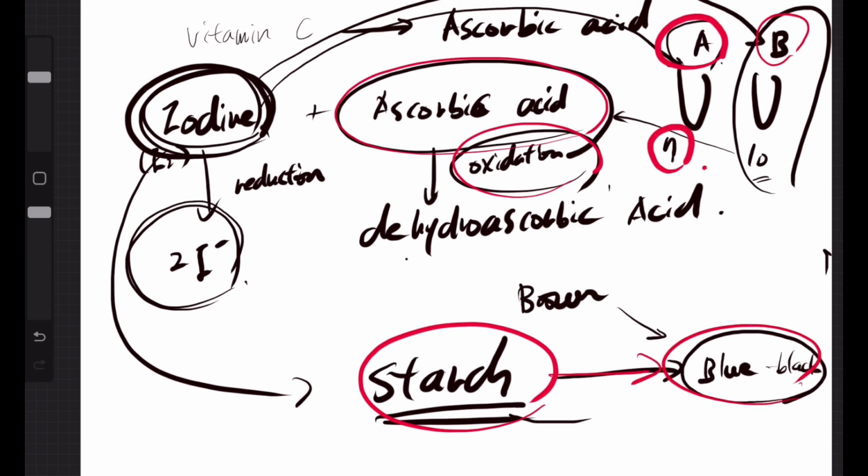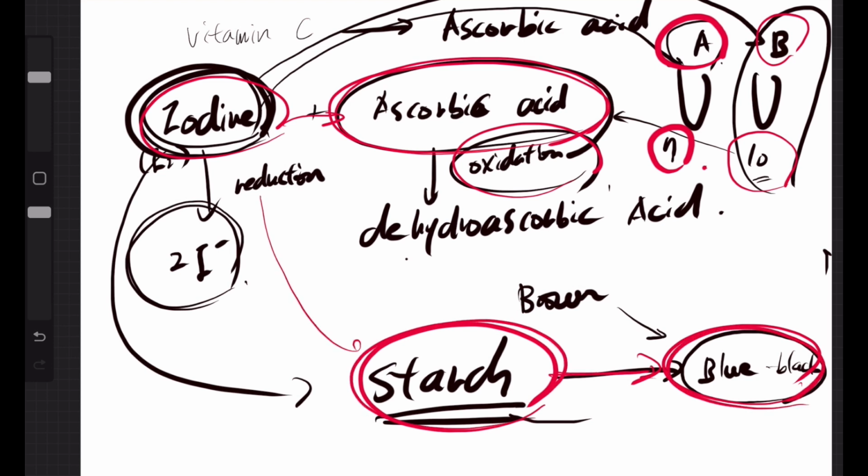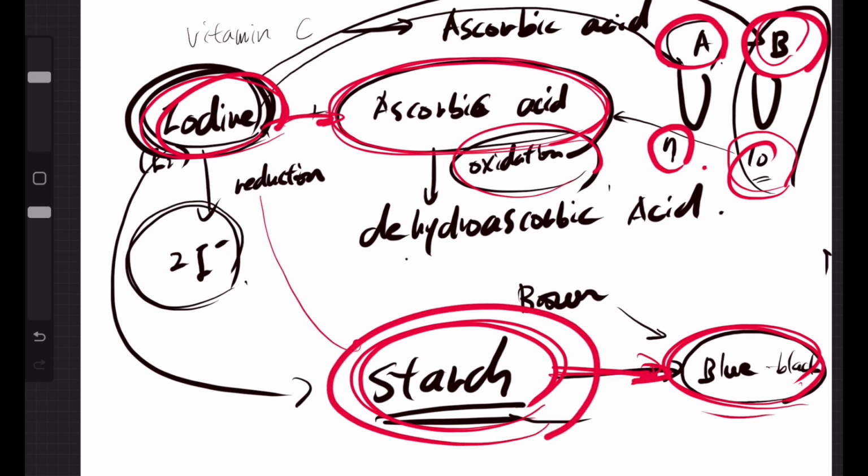For B, after 10 drops, more iodine solution had reacted with more ascorbic acid, and only then reacted with the starch to change the color to blue-black. So basically, more ascorbic acid was present in B because it needed more iodine solution to make the starch change the color. Okay? So that's what's happening here.